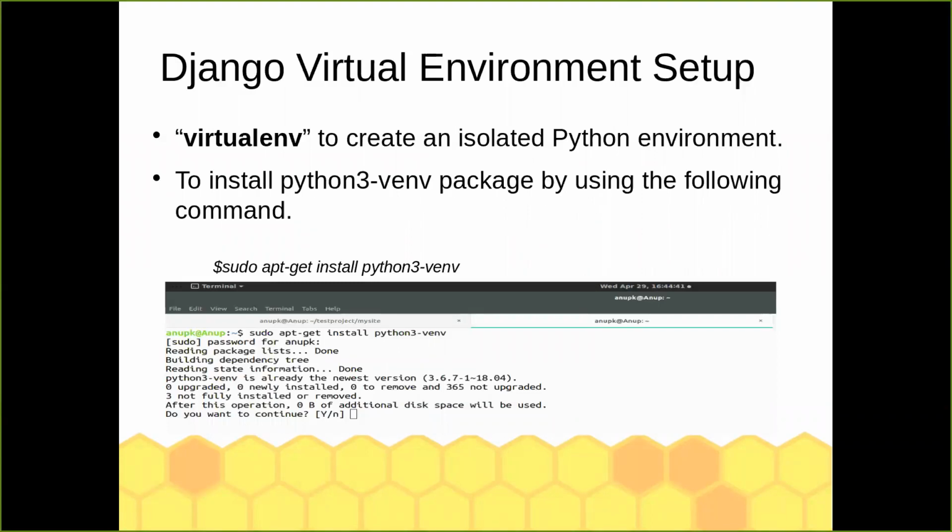Step 1. Install package. Use this command to install the package: apt-get install python3-venv. This will install the package with user accessibility.